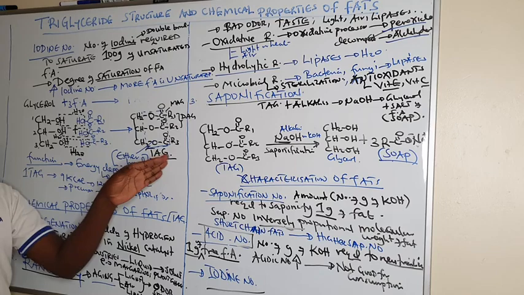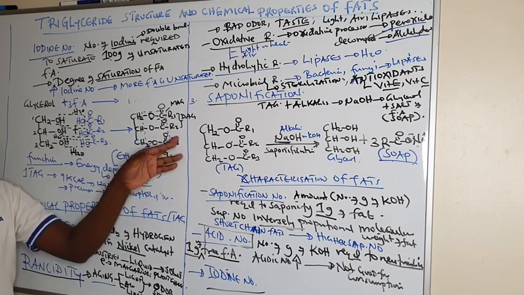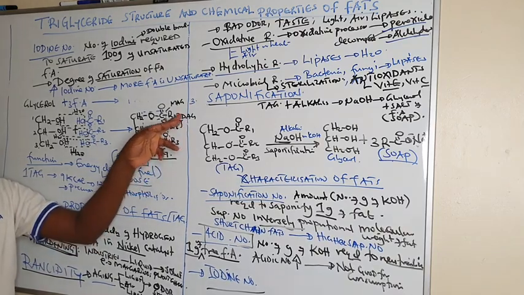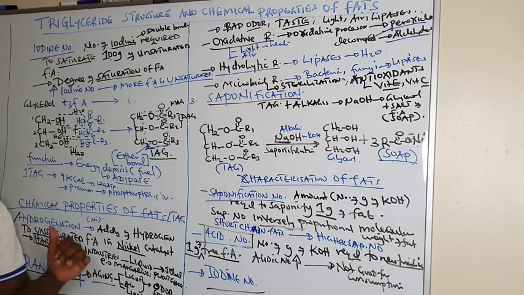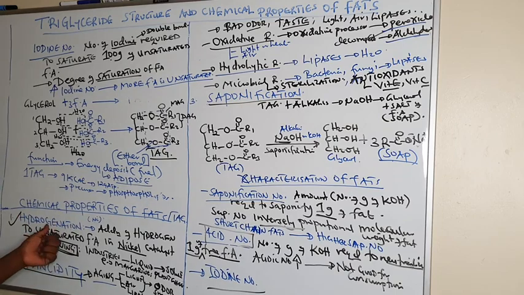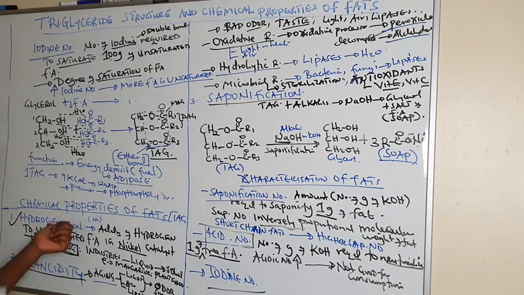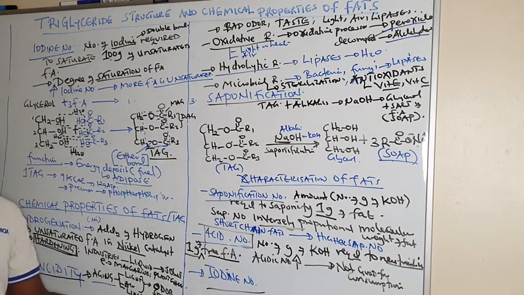And we have seen that we can hydrolyze triglyceride to form diacylglycerol and monoacylglycerol. Then we have looked at the function and the chemical properties. Don't forget hydrogenation, which is used commercially to harden liquid oils from plant products to form solid products by adding hydrogen on the double bond.